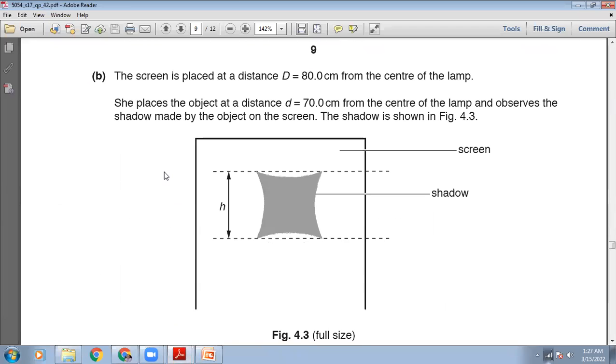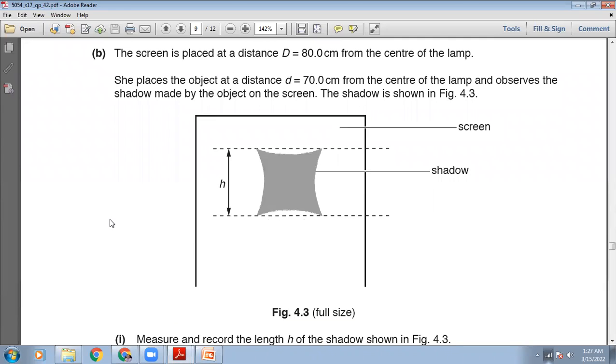So we are going to the next part. It says the screen is placed at a distance capital D equals 80 centimeter from the center of the lamp. She places the object at a distance small d equals 70 centimeter from the center of the lamp and observes the shadow made by the object on the screen. The shadow is shown in figure 4.3.